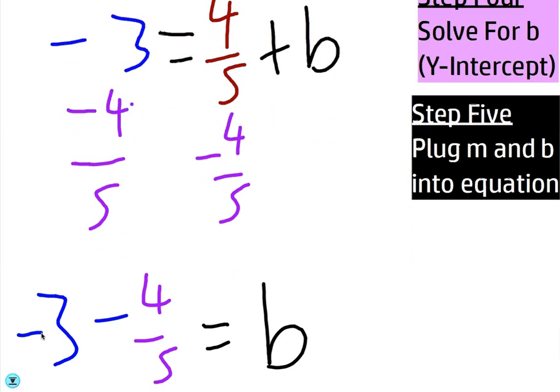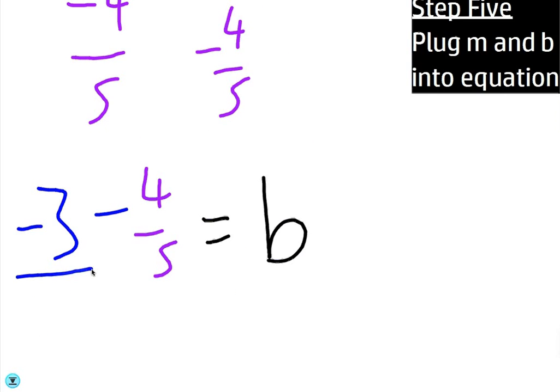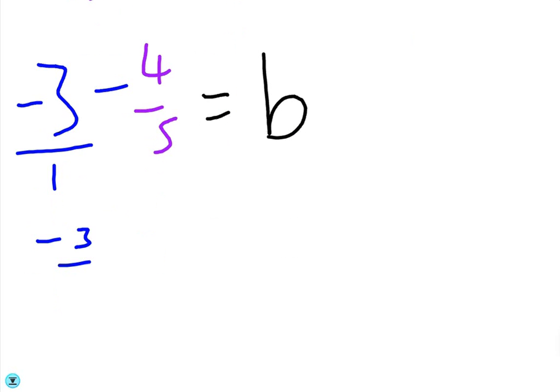So how do you do negative 3 minus 4/5? One is a fraction and one isn't. Yes. With the 3, put it under 1, right? And then what he said was it needs to have a 5 on the bottom. So we're going to multiply that fraction by 5/5.